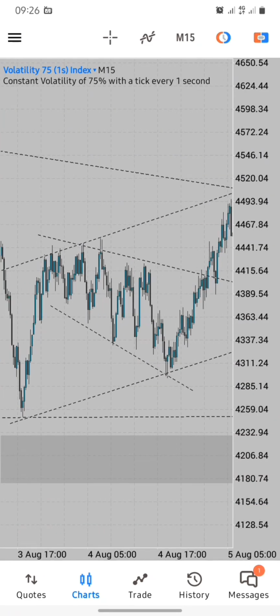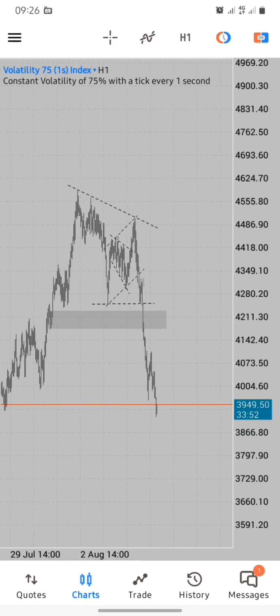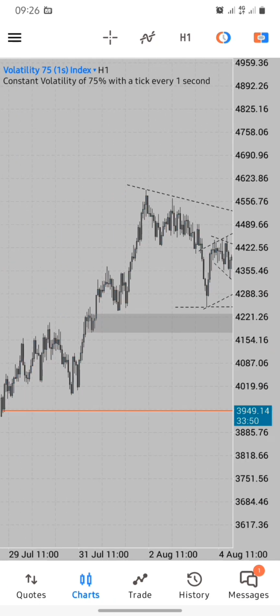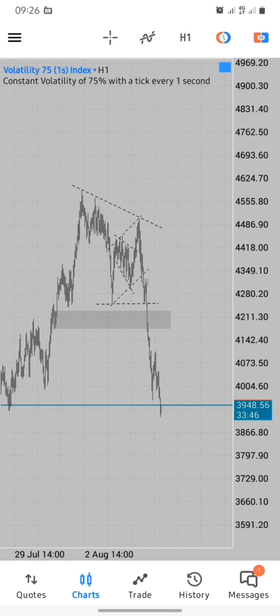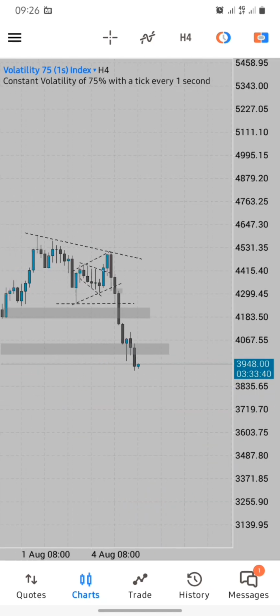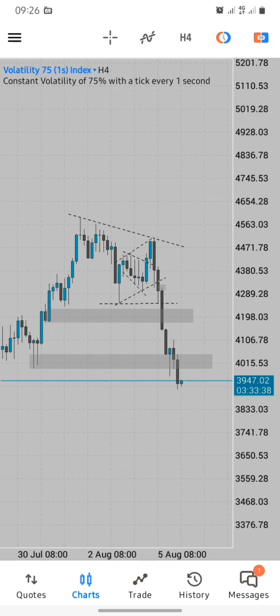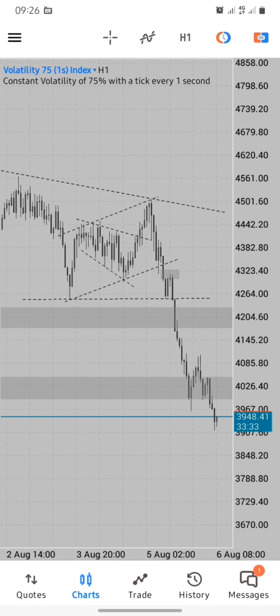Okay, after quite some time, it broke the demand zone, just as I told you guys that it may break the zone and continue going downward. You don't just buy because there's a demand zone. You would want to wait for a possible confirmation sign, maybe a bullish engulfing, which we don't have here from the 4 hours. Okay, now we'll look for another trade so that we can continue our journey.